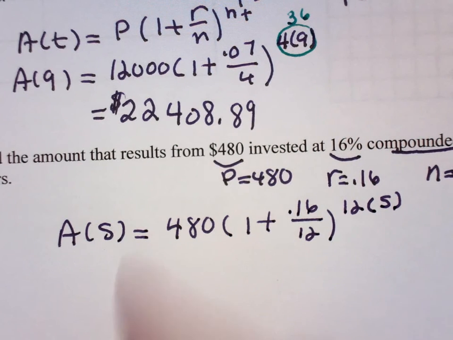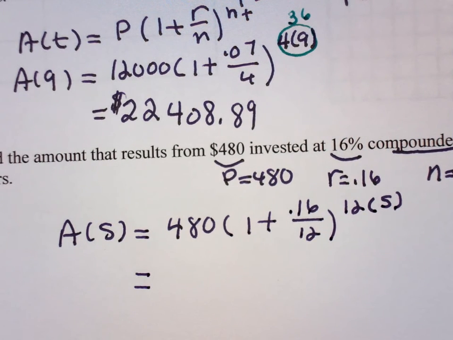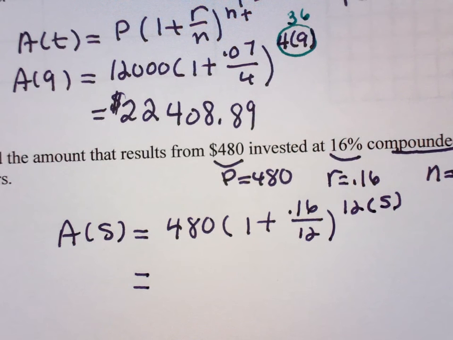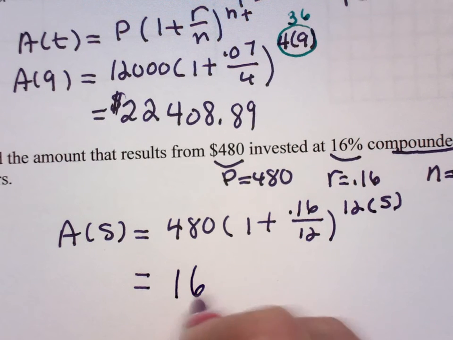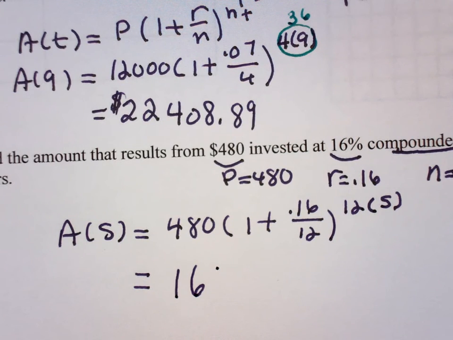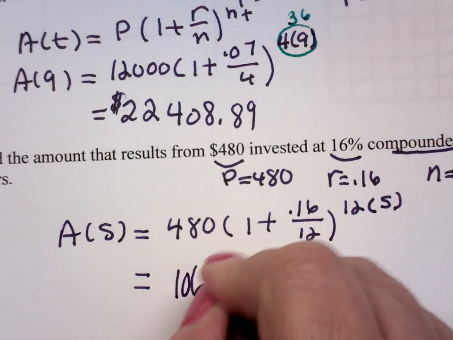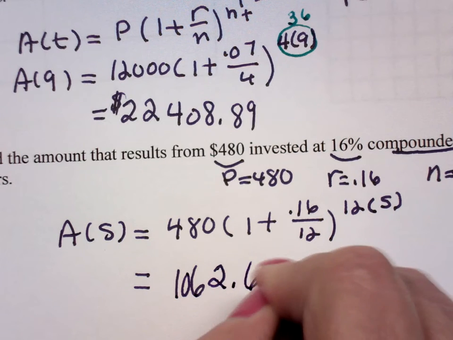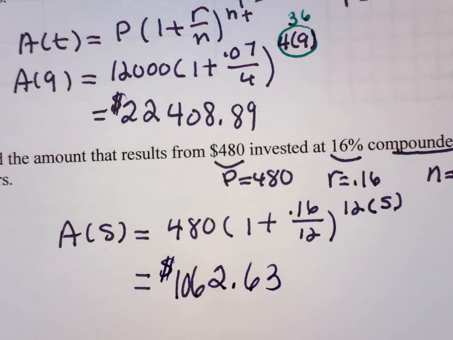So this is going to come out to be, hopefully, $1,062.63. That's not too bad. It's more than doubled.